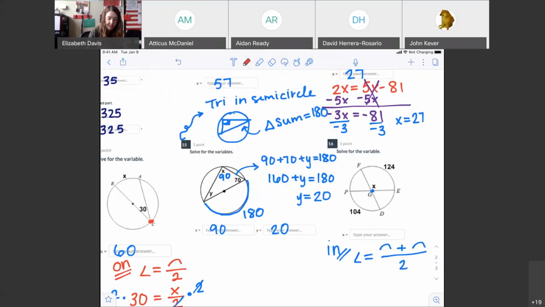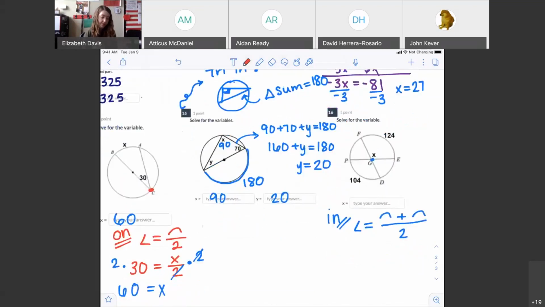So in this case, which one is my angle? Yeah, my angle is x. It cuts off this arc, 124. And then we'll also take the arc from its vertical angle across the circle.